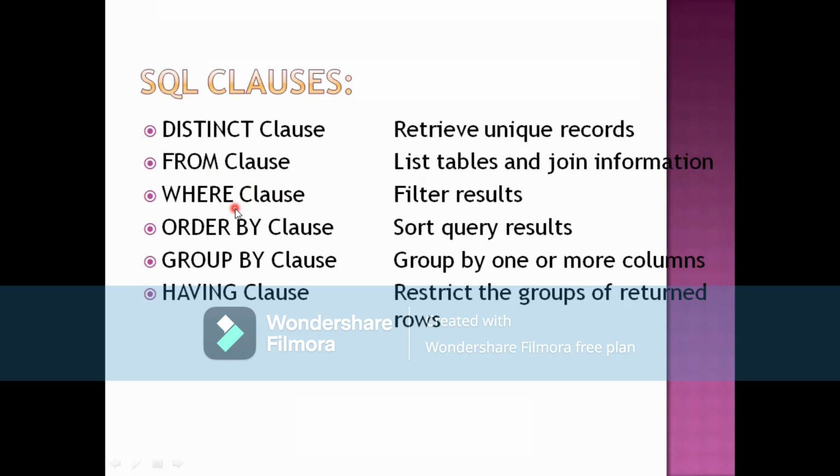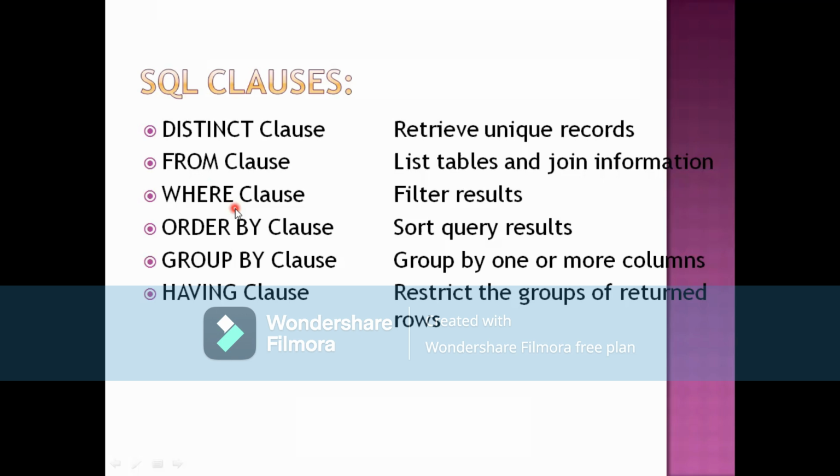In this scenario, we can query it like this: select star from employees where last name is equal to Mahesh. Then we will get only the data where the last name is Mahesh, not all the data. So by using the where clause, we can filter the data.